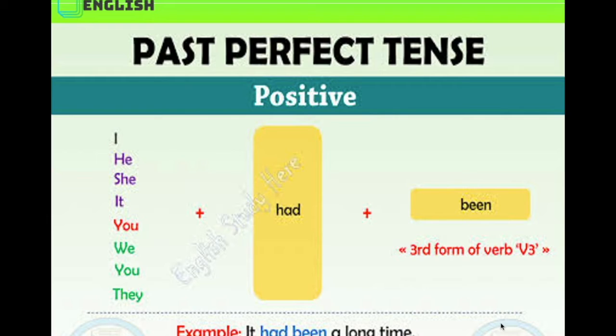He had been. She had been. It had been. You had been. We had been. They had been. For example, it had been a long time.